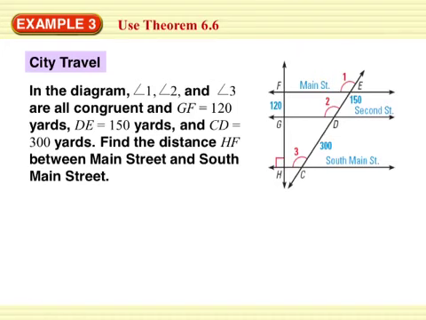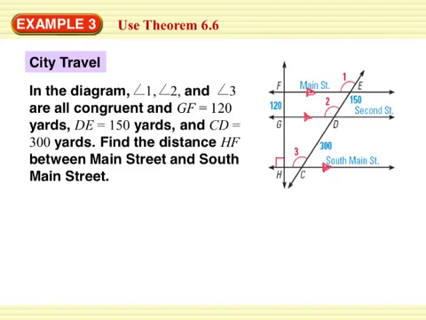Example 1, city travel. In the diagram, angle 1, angle 2, and angle 3 are all congruent, which means that those lines are parallel, because remember, those are corresponding angles, and when corresponding angles are congruent, the lines are parallel. You guys learned that a long time ago.